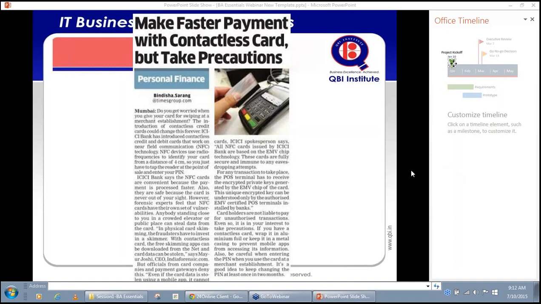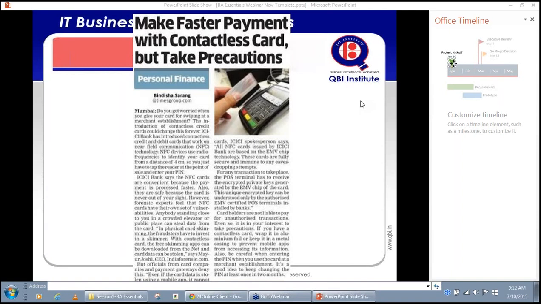So friends, what you see here, I'll just explain why I have put up this news item. You see, this is a news item of 2015, where they have covered that there is going to be an introduction of contactless cards, so you do not need swipe cards for banking transactions.